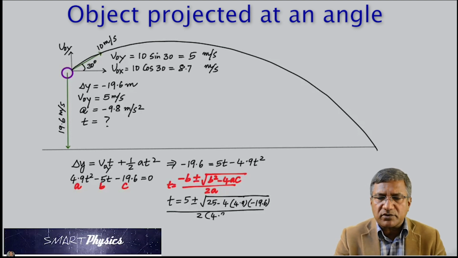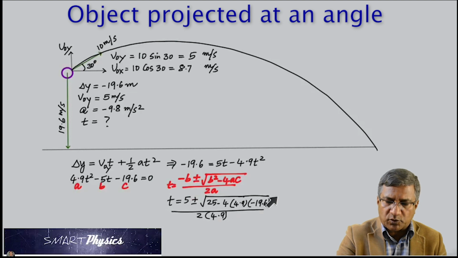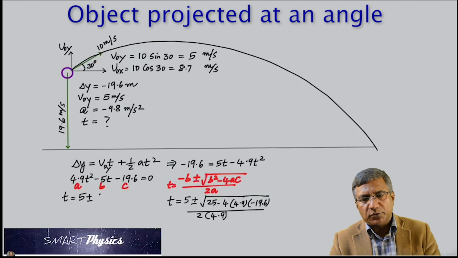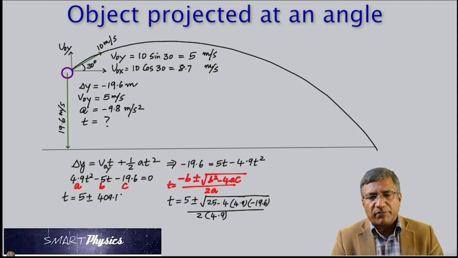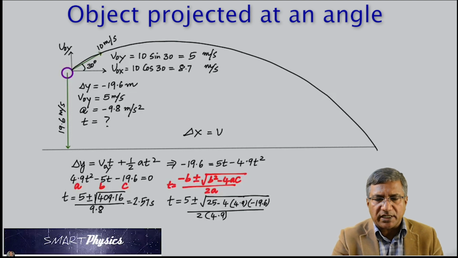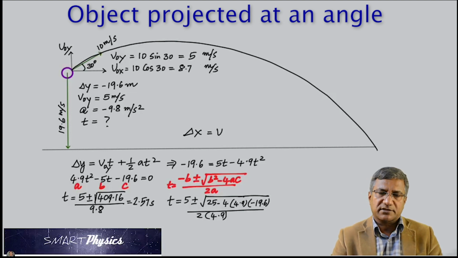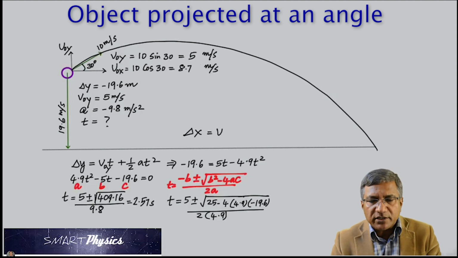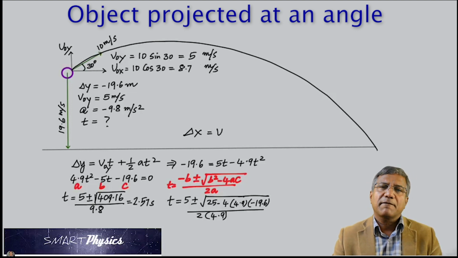So work this out carefully because you have to first find out what's under the square root. And you would get 5 plus or minus 409.16. That's under the square root. When you take the square root of that and solve it, you are going to get 2.57 seconds. You need not go for the negative value because time cannot be negative.